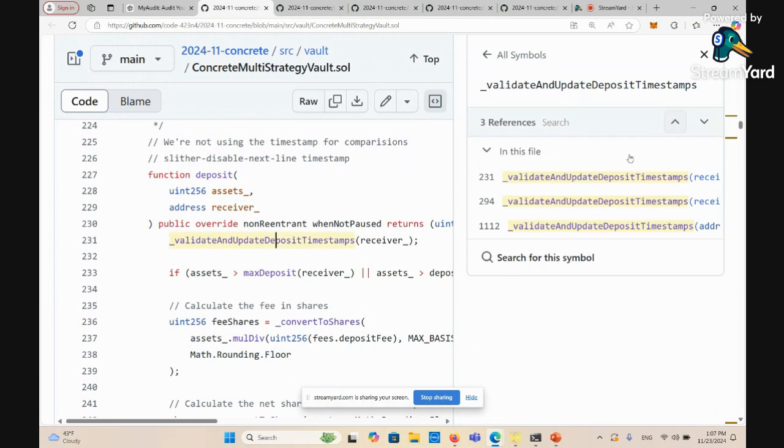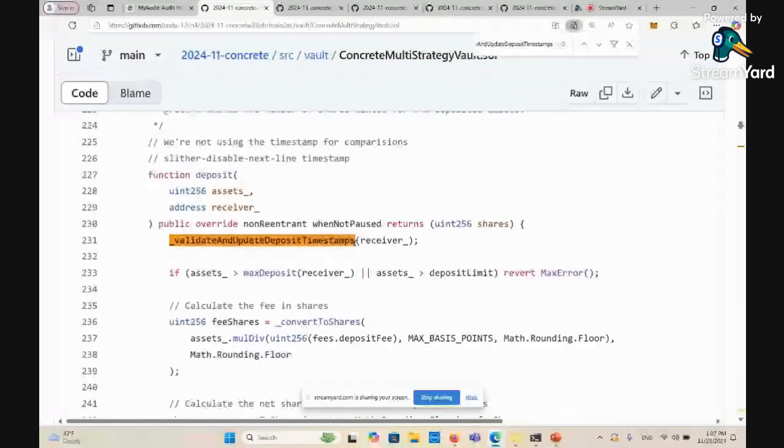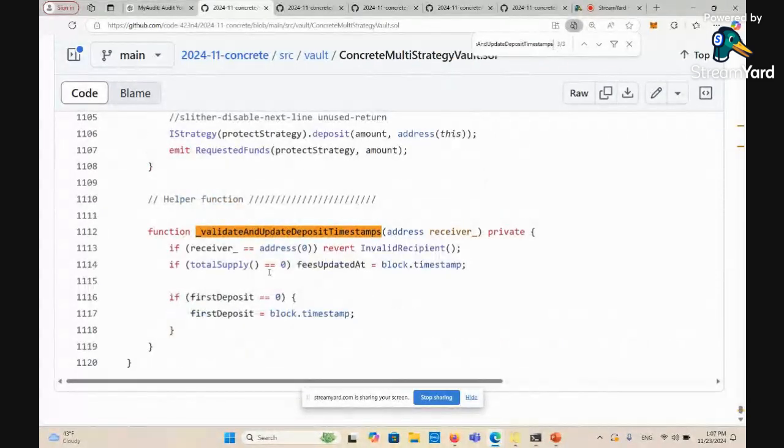The first thing you do is validate and update the timestamp. So this is a protection for the first depositor. 4626 is very subject to the so-called first deposit attack. So a few mechanisms are in place right now, trying to ensure this kind of thing doesn't happen. So validate and update deposit timestamp.